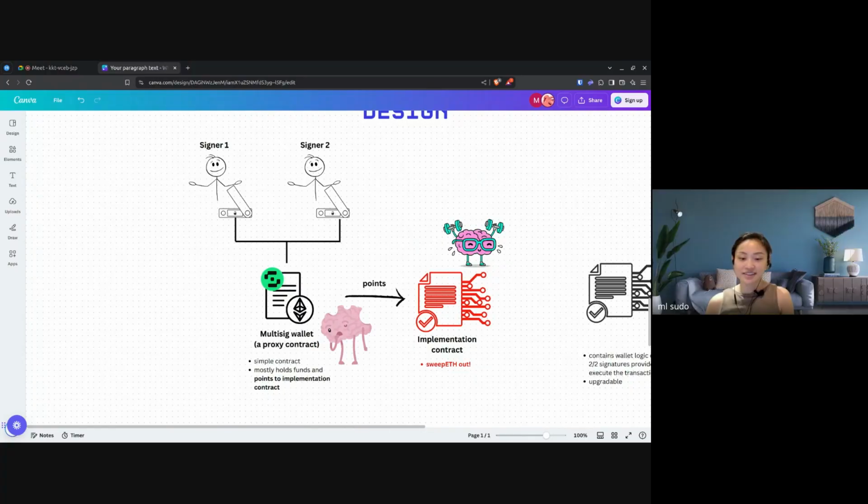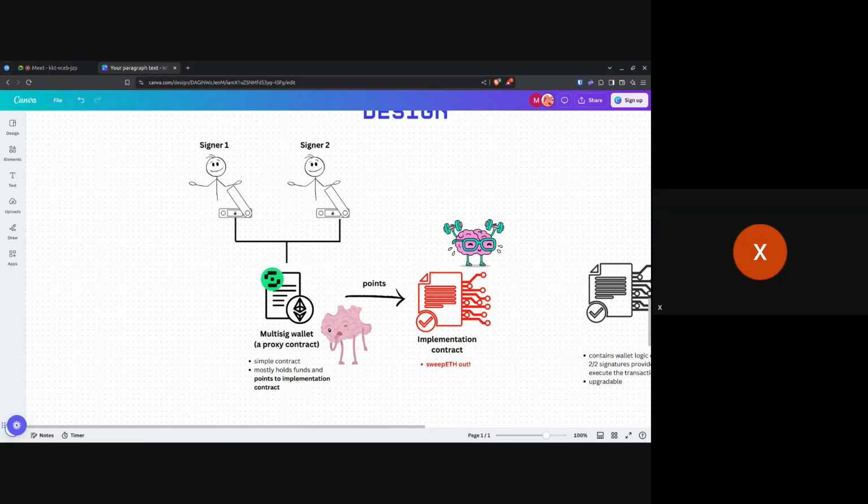Yeah, and even use things like ENS to resolve addresses to human readable names.